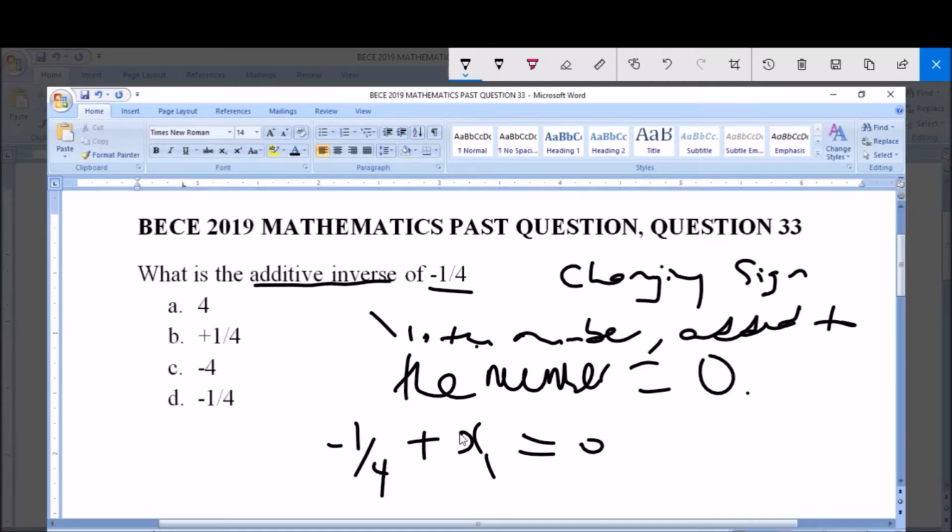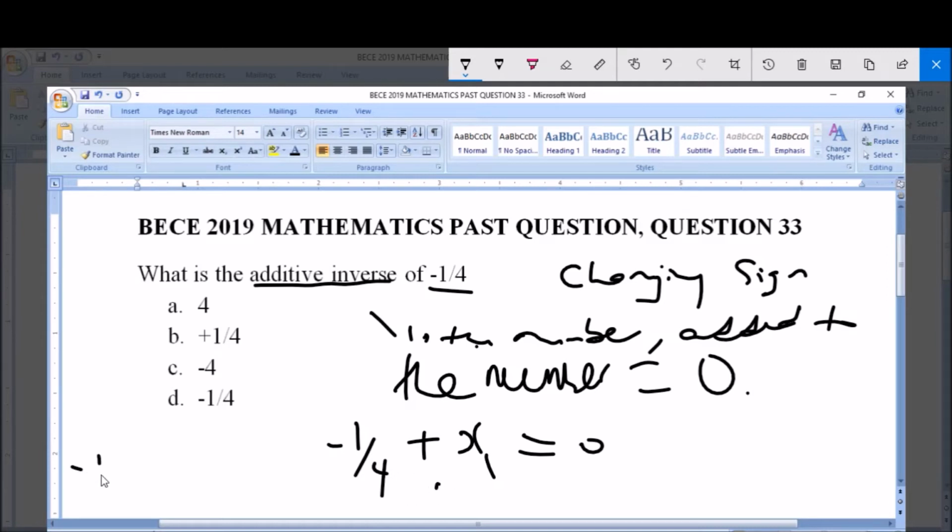Now, like I told you, to find the additive inverse of a number, you change the sign. We have minus 1 over 4 here. When we change the sign of this minus 1 over 4, what do we have? We have plus 1 over 4. So this x is equal to plus 1 over 4, because when we add, now let us do the addition.